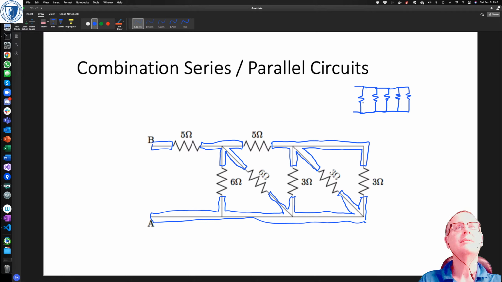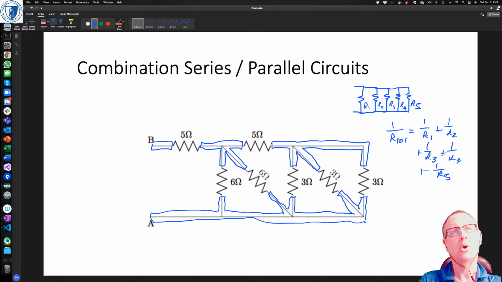So if I have R3, R4 and R5, if I have 5 in parallel, then one on the total equivalent resistance is one on R1 plus one on R2 plus one on R3 plus one on R4 plus one on R5, right? So let's have a look at this circuit.